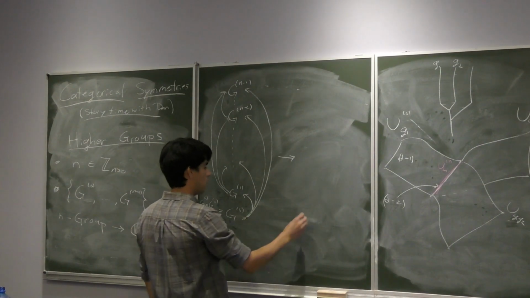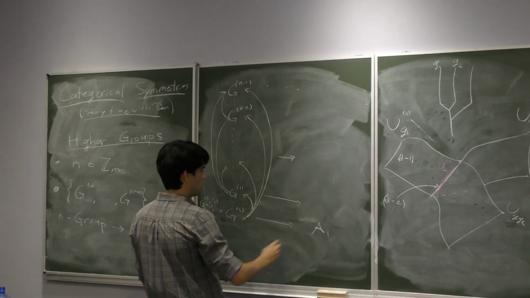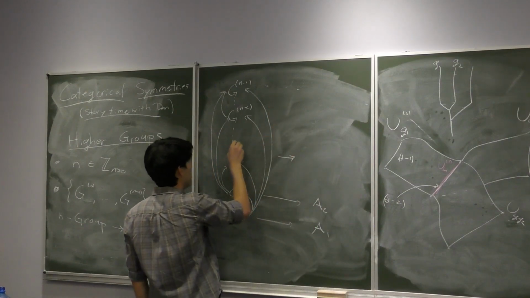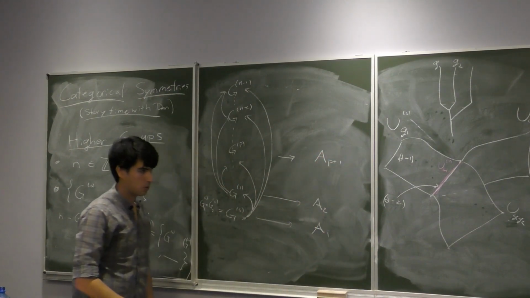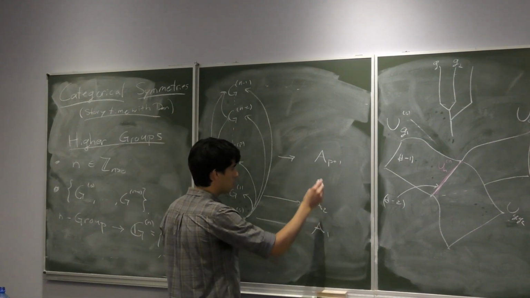So for G0, let's say we turn on the background gauge field A1. For G1, we'll do A2, and more generally for GP, let's have A_{P+1}.